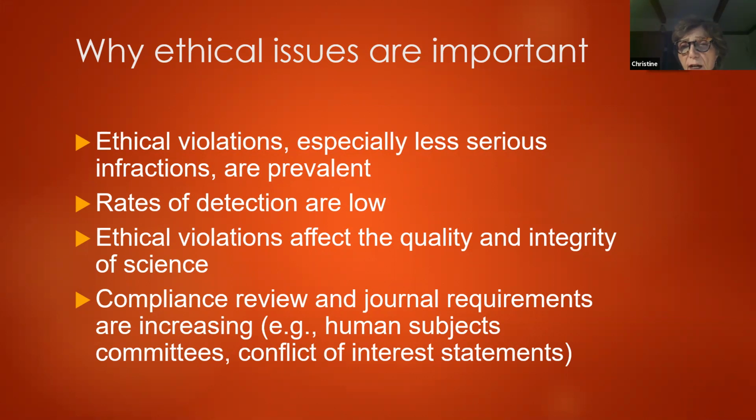It's not uncommon to see minor infractions, often from ignorance. They didn't realize they should cite an idea that came from another source rather than make it their own. Rates of detection are low, especially for these minor infractions. It's really hard for an editor to examine everything. We can put papers through, for example, Authenticate, to determine whether large parts of the paper have been lifted from another source.